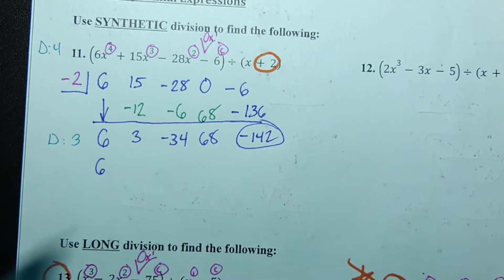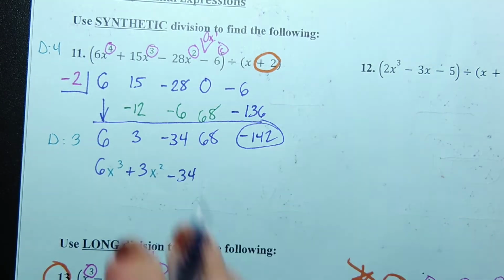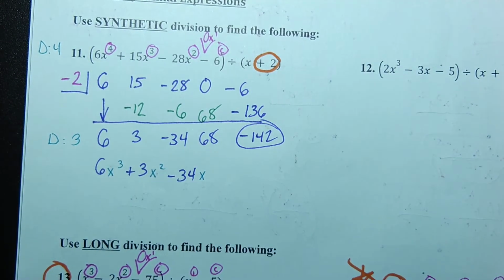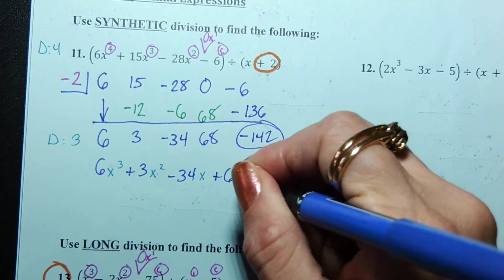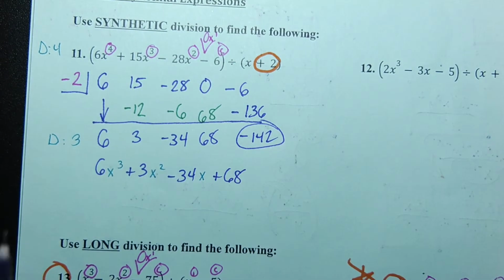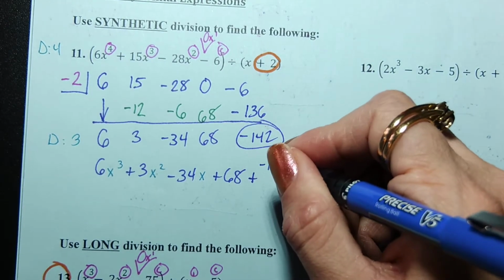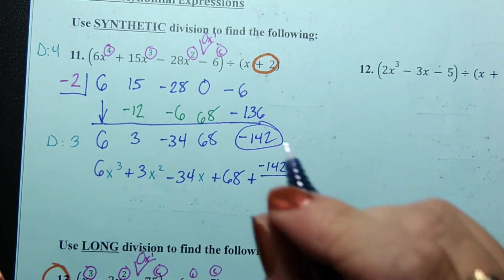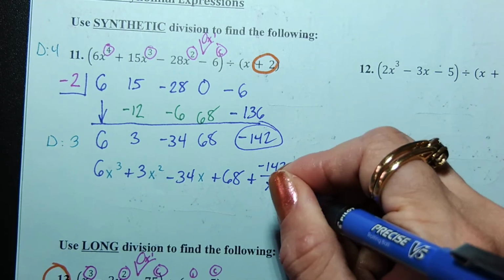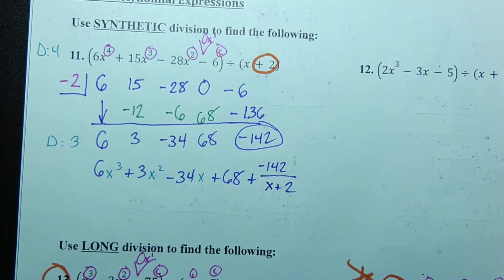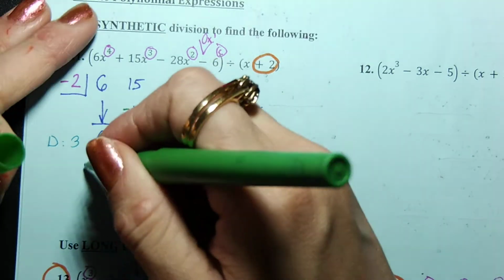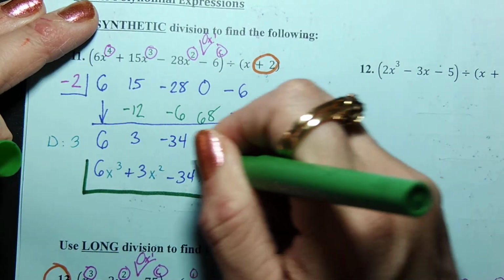So 6x to the third plus 3x squared minus 34x plus 68, and then plus negative 142 over, what's our divisor? x plus 2. That's it.